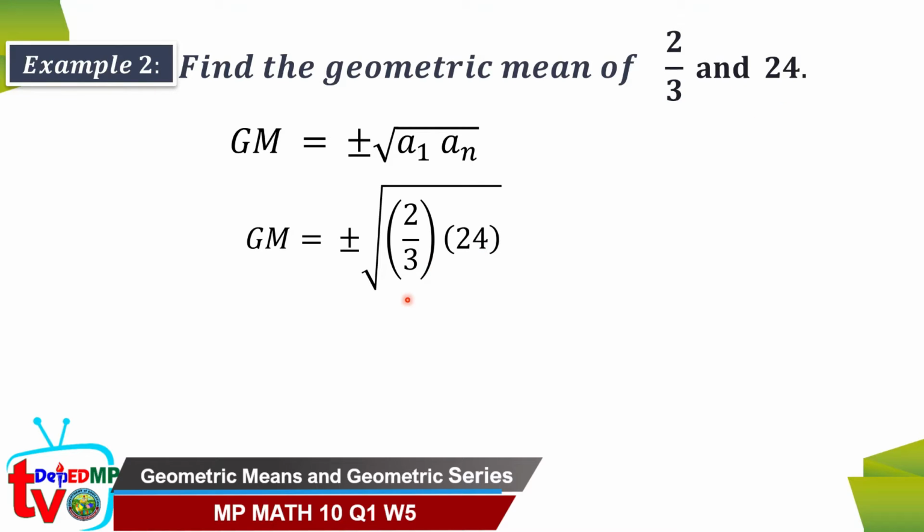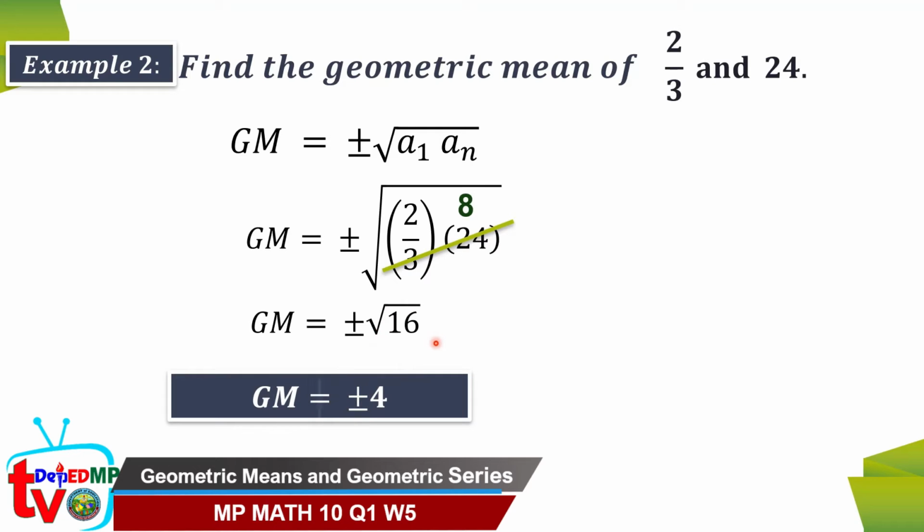We can simplify this radicand by canceling the common factor of 3 and 24. Dividing 24 by 3 gives us 8. When we multiply 8 by 2, we get 16. So we can now extract the square root of 16 that will give us the geometric mean that is equal to positive or negative 4.